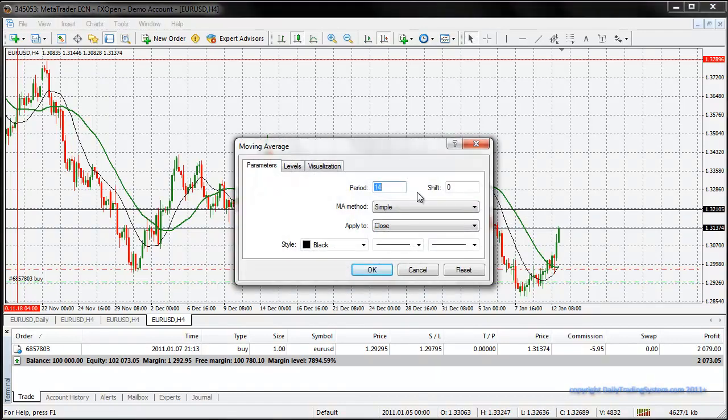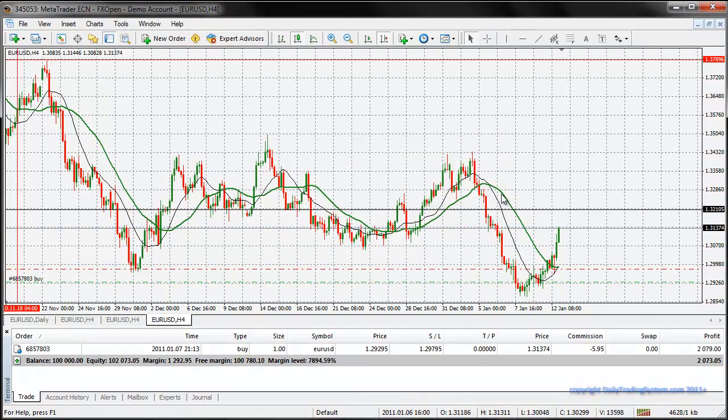And that one's set to a 14. Now the 14 is referred to as a faster moving average compared to its neighbouring moving average, which was set to a 28 period. And the 28 period will lag. It won't follow the line of the candles in great detail.